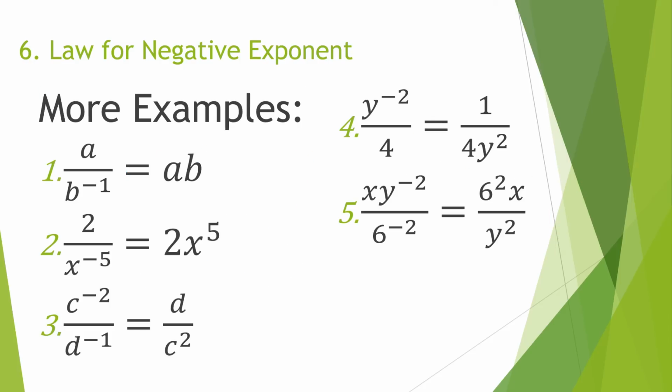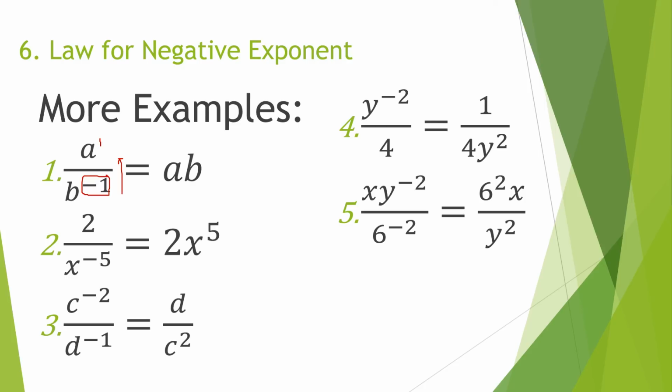Here are more examples for the law for negative exponents. For example 1, we have a over b raised to negative 1. Since the exponent of a is 1 and the exponent of b is negative 1, we have to get its reciprocal. It will move to the numerator. That's why it can be written as a times b, or ab.